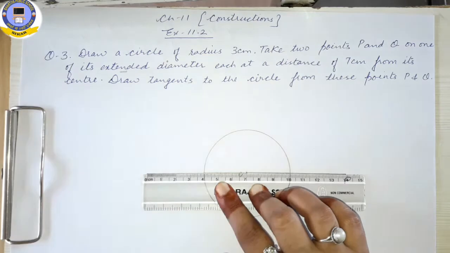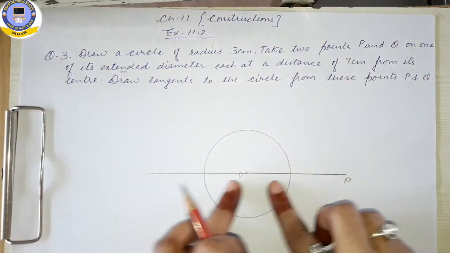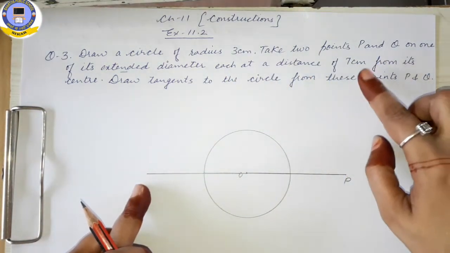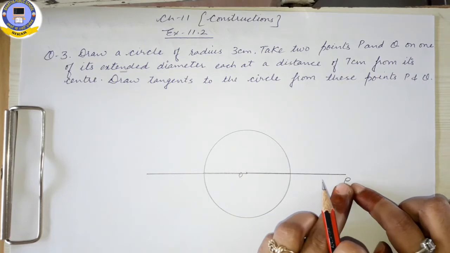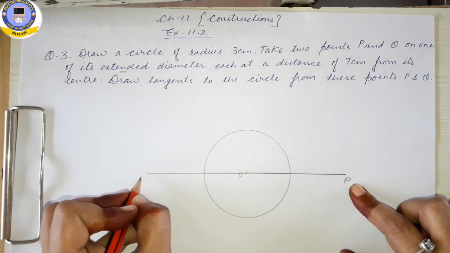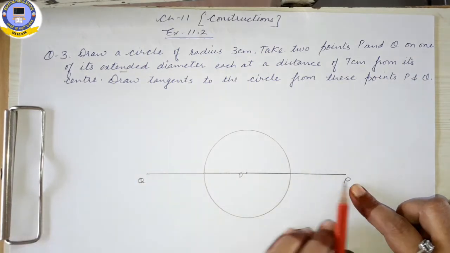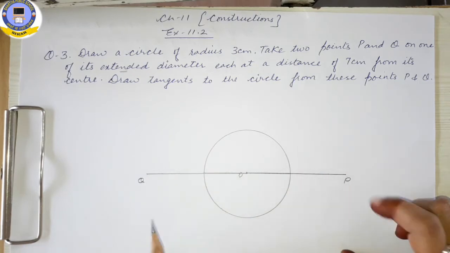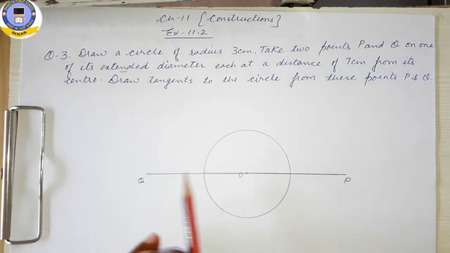Extended diameter, देखिए, on extended diameter you need to take 2 points P and Q. So here I have taken point P, so this side we will take point Q. Both these points must be at a distance of 7 centimeter from center. Understood?